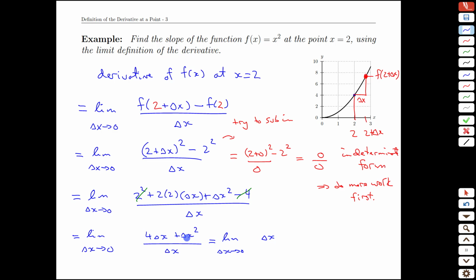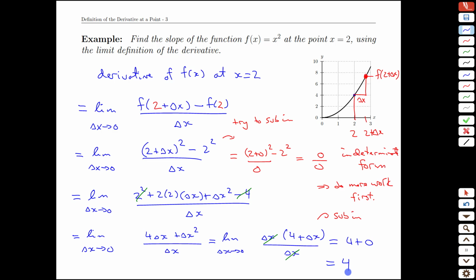If we notice that every term in the numerator has a delta x, we get this relationship here, delta x times 4 plus delta x, and now we can do that cancellation. After we've done the cancellation, we can do the subbing in to evaluate our limit, delta x approaching 0. Oh, there we get 4 plus 0.